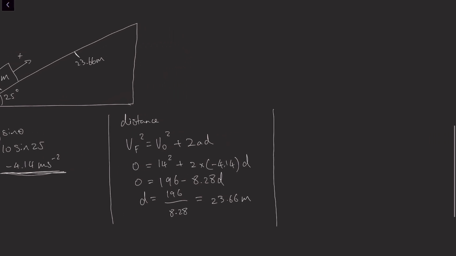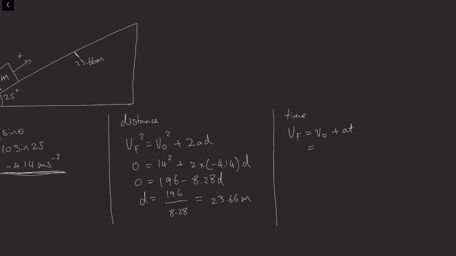The next question that you might get asked is how long does this block take to reach 23.66 meters? How long does it take for this block to stop when it's going up the hill? Again, we're going to use one of your frequently used velocity equations. Final velocity equals your initial velocity plus how long you're accelerating at a given rate.